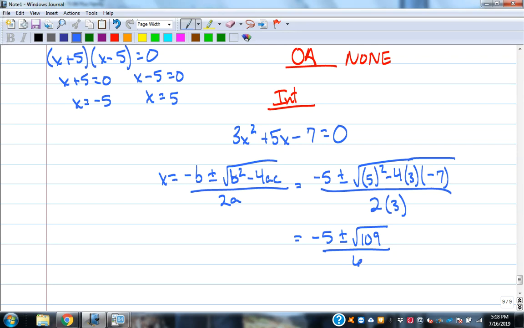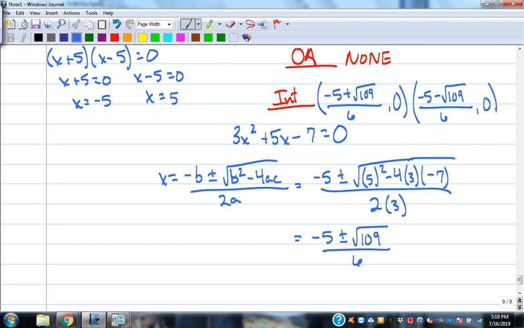I know 109 is prime. So I know that doesn't simplify any. So we're going to have two x-intercepts: one at -5 plus the square root of 109 over 6, 0. The other one at -5 minus the square root of 109 over 6, 0.